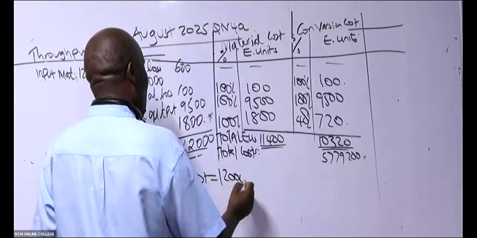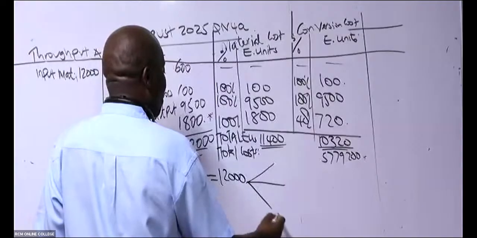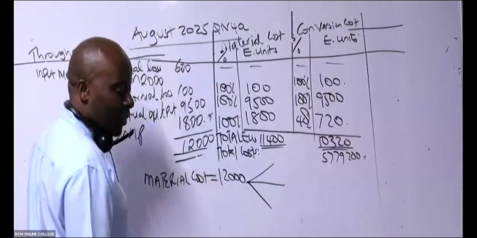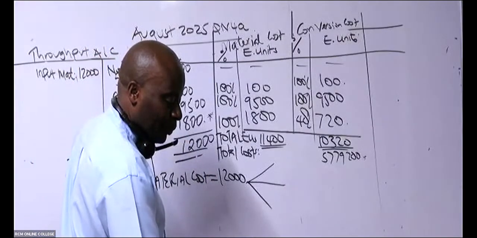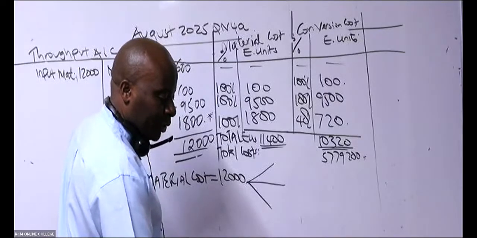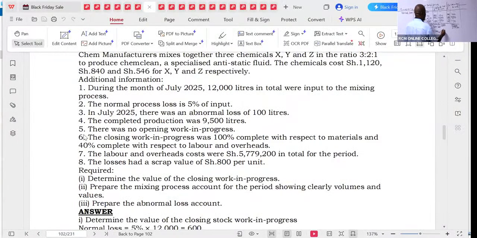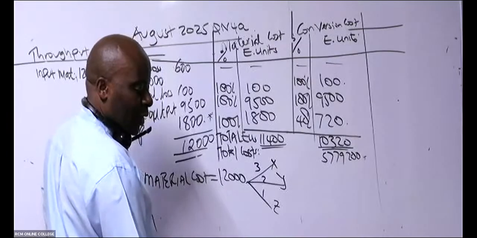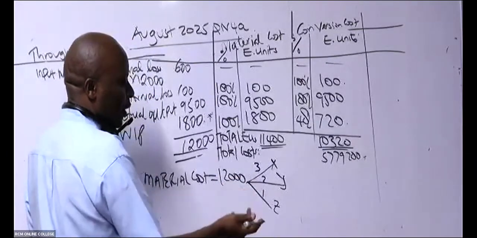So the total quantity was 12,000 divided into three chemicals, which are X, Y, and Z. And then the ratio there is 3:2:1. So giving us what totally? If you add 3 plus 2 plus 1, that will be 6, isn't it?